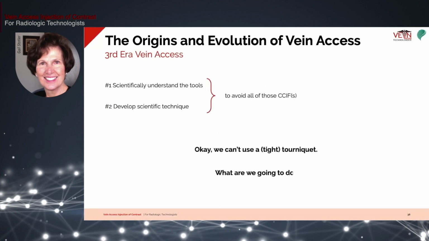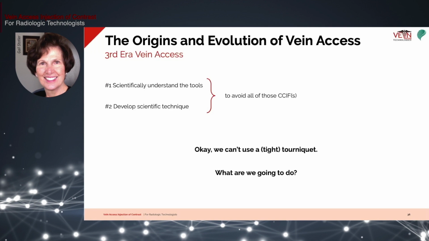So to do that, number one, we have to scientifically understand the tools, how they were scientifically designed, how they were meant to be used, and then instruct people on how to correctly use tools. Because right now, you all know, one person holds the needle one way, one person holds it another, one person applies the tourniquet tight, one person applies it loose. It's kind of a free-for-all.